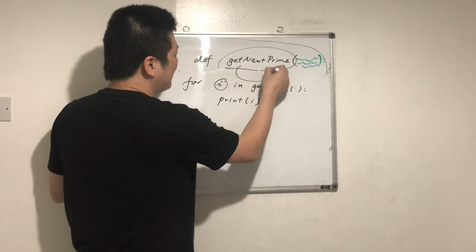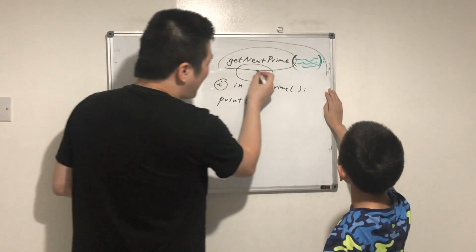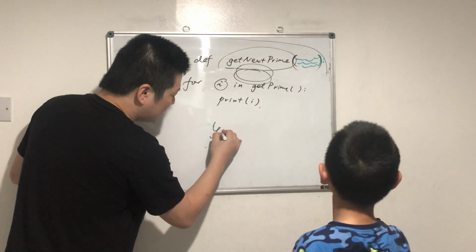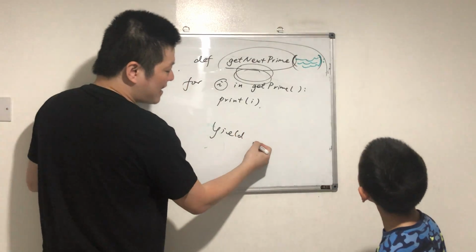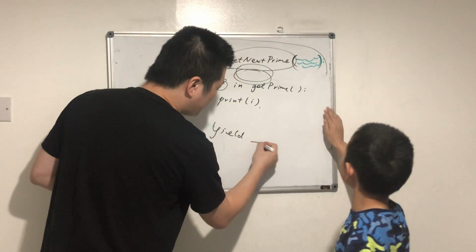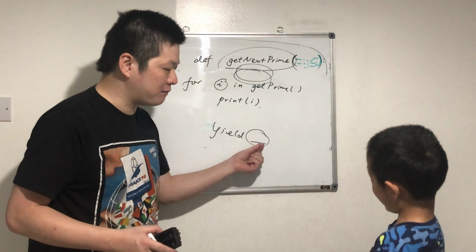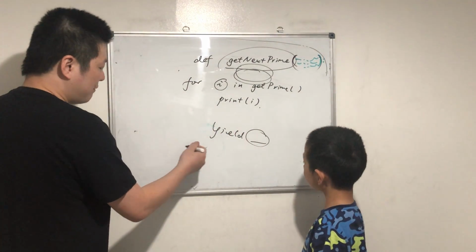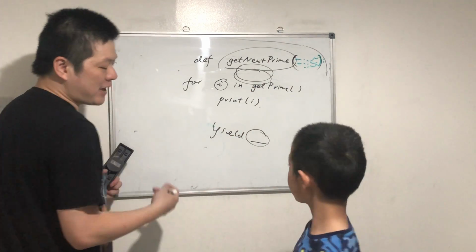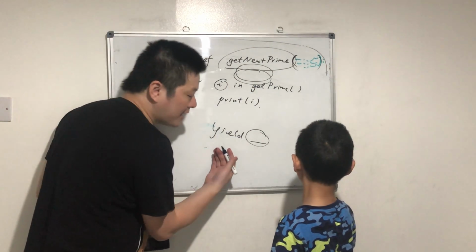So here, I was just saying I want to yield a prime number instead of generating a list of prime numbers, because in this case it will not be very good to generate a list of prime numbers, because it's unlimited.